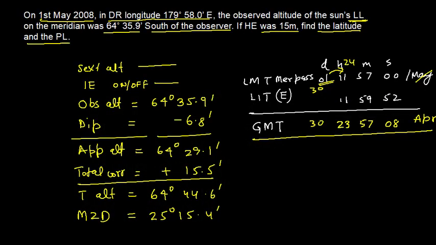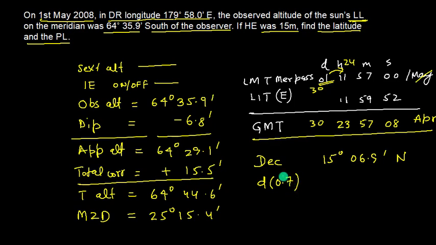So, let me write here: declination is 15 degrees 06.9 minutes north and the D correction is 0.7.